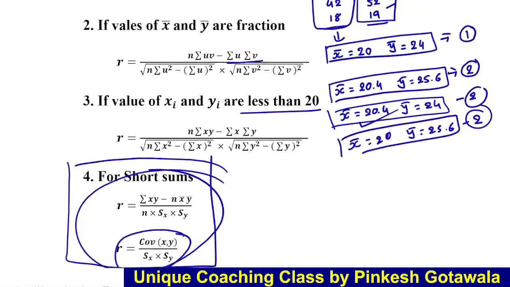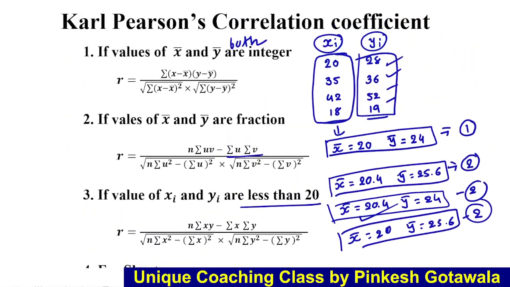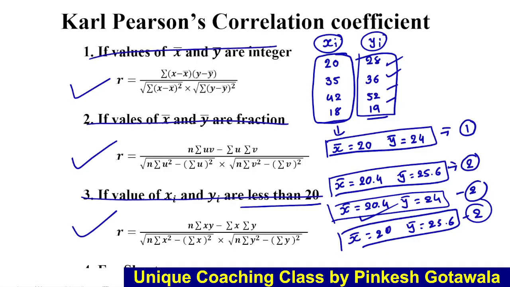Clear? Now one more point. Here I gave some idea of when we should apply which formula, but in any situation, if you ignore this and just apply whichever formula you want in every sum, you will get the same answer.